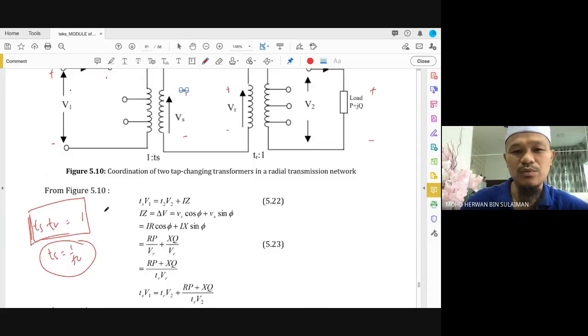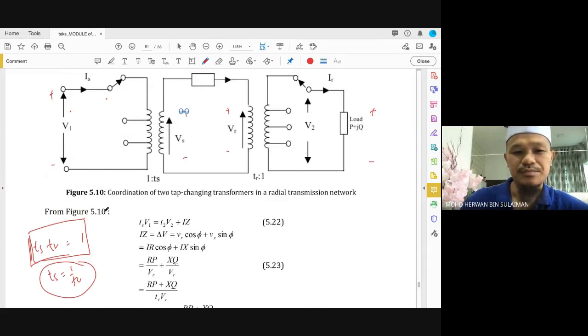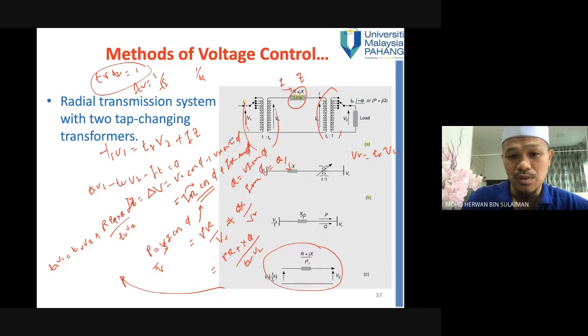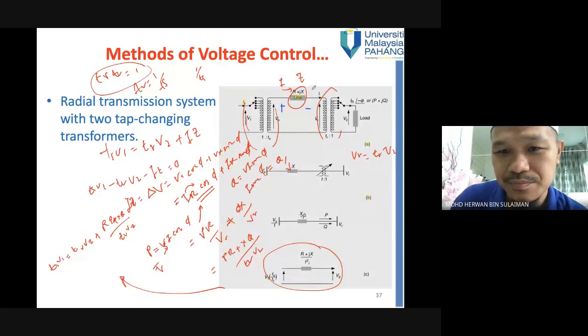From here we can use Kirchhoff's law, because we have the current flow I through the impedance Z, and the voltage drop here, plus minus. This one is your voltage drop.